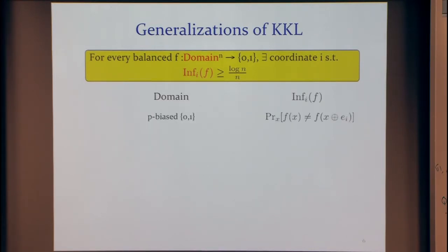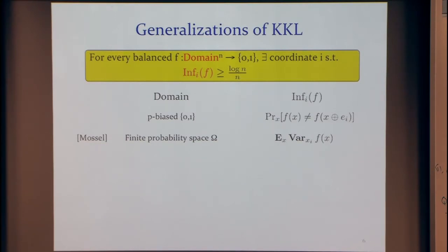So one easy generalization of the KKL theorem is that instead of picking the uniform distribution over the hypercube, you pick a p-biased distribution over the hypercube, and the influence continues to be defined as the probability, over a random x, that the value does not flip. Another generalization that follows from a very similar proof is, instead of the hypercube, let's say your domain is a finite probability domain.